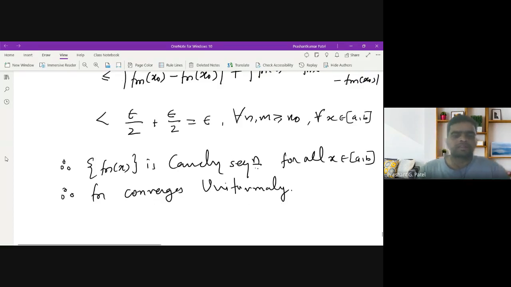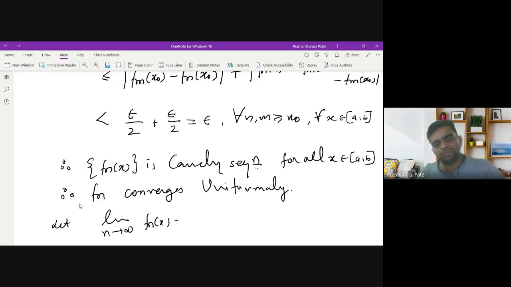It says that the limit and the derivative are interchangeable. So as the limit function now exists, let us consider the limit of Fn(x) is the function f(x) for every x belongs to [a, b].